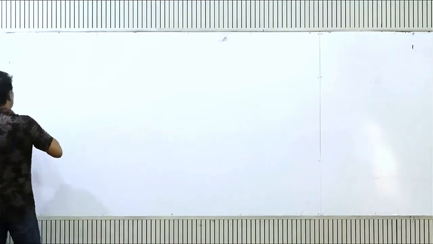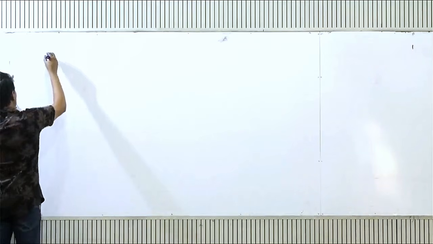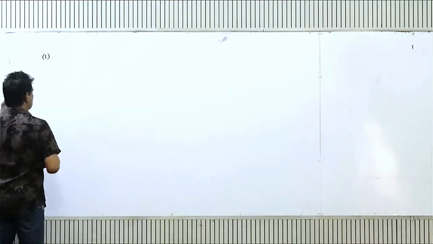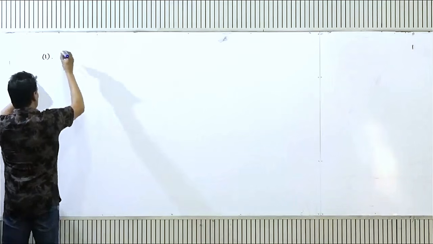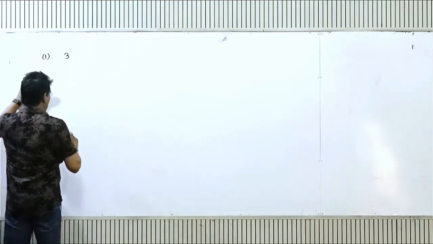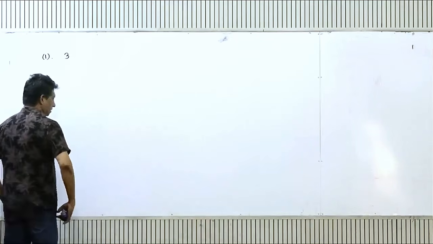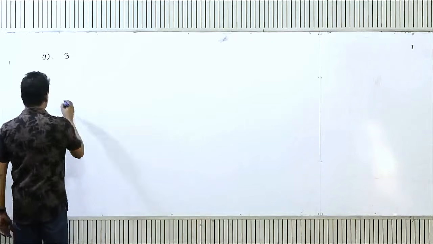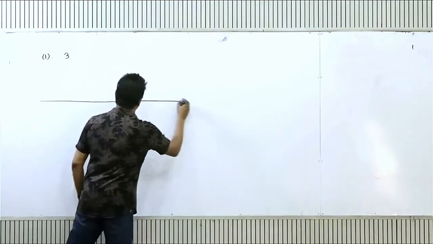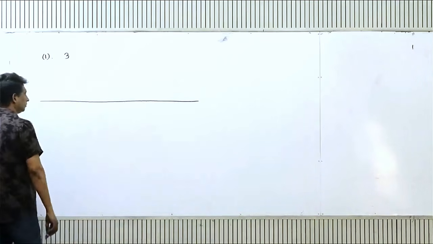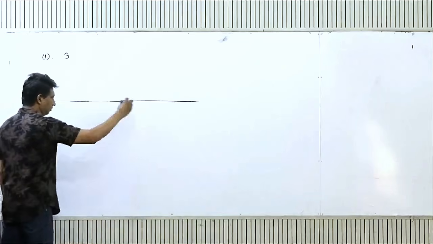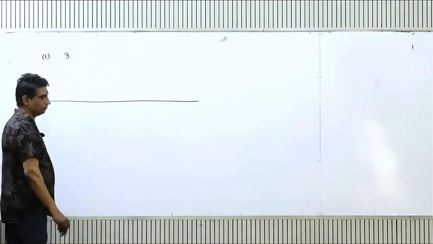First I take a very simple example. First one, you have to mark positive 3 in the real number line. So this is the way. First you have to draw a straight line.